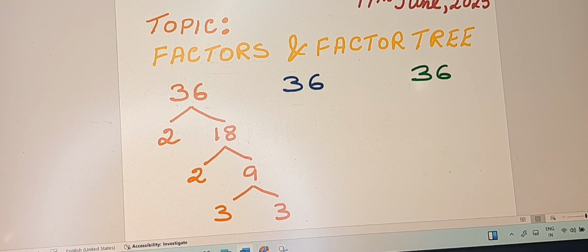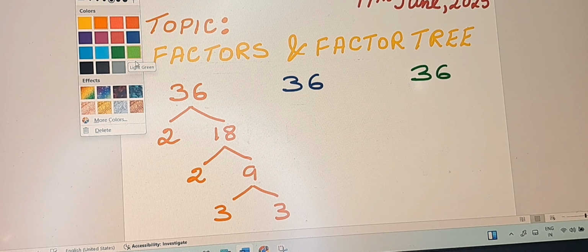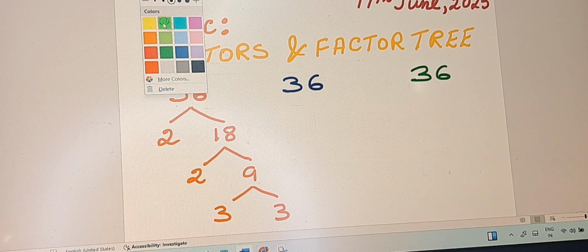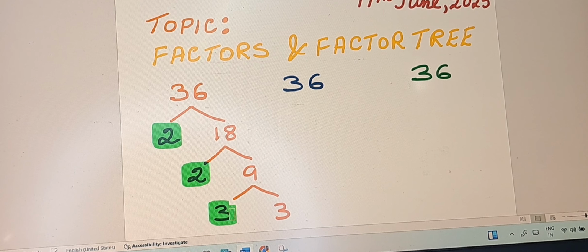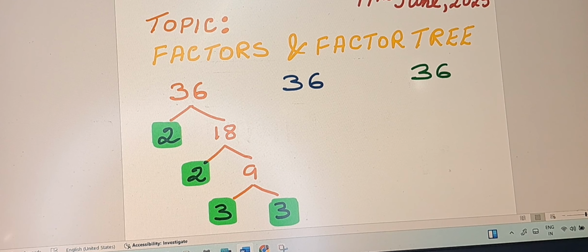Now students, I am going to mark all the prime numbers in this factor tree with the help of green color. If I use the green color, then you will all understand which prime numbers I have marked over here. And what are the numbers which are left?